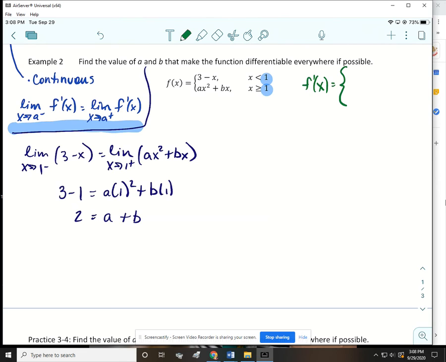So if I want to find the derivative of the first piece, 3 minus x, we're going to use the power rule. So the derivative of 3 is 0. The derivative of negative x is negative 1. And we use that derivative for x's that are less than 1. Right, and I'm going to use the power rule on the second piece as well. So I'm going to multiply by my power and then subtract 1 away from the power. Same thing on the second term, bx. The derivative of bx is just going to be b.